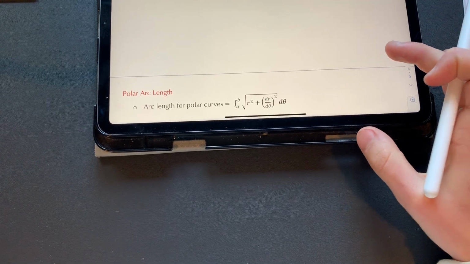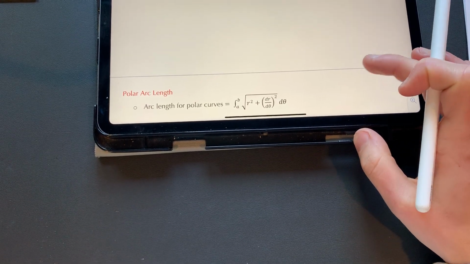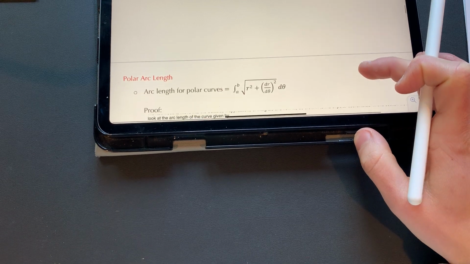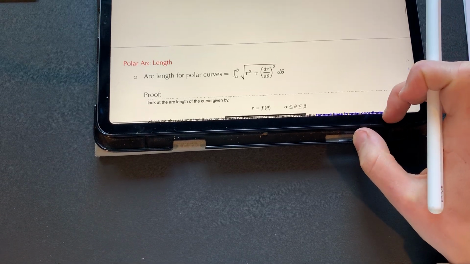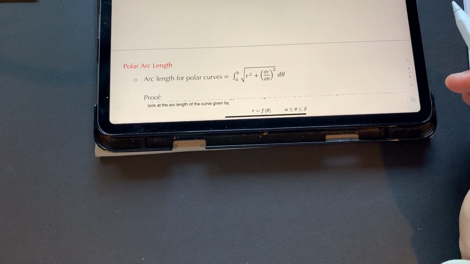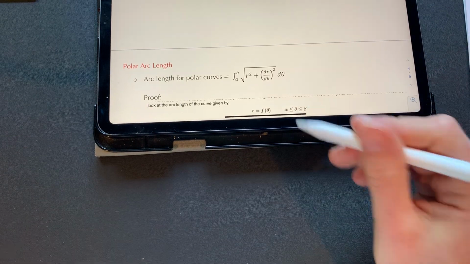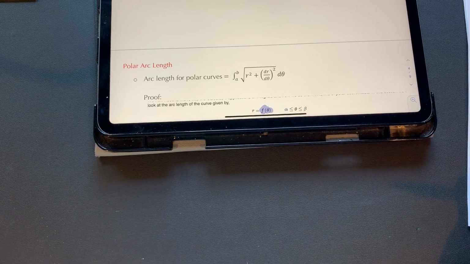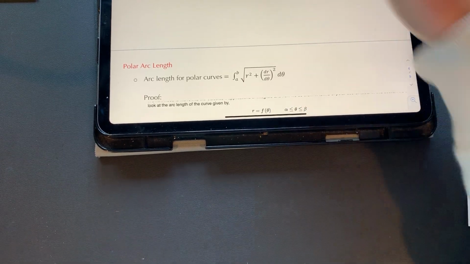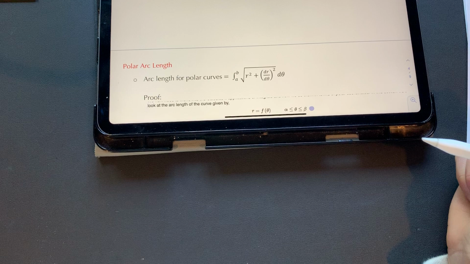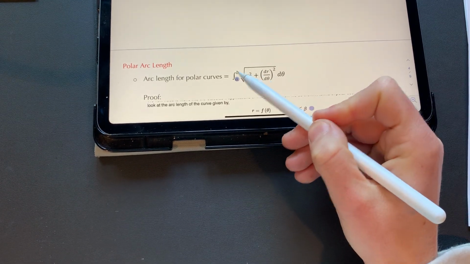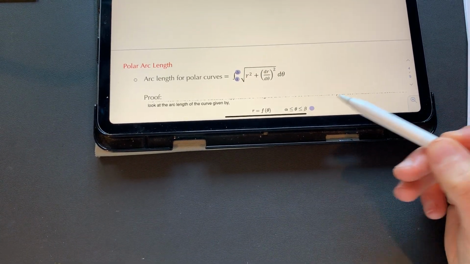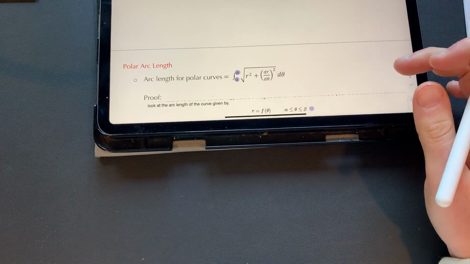First, we're going to do a little proof of where this comes from by, again, looking at the arc length of the curve given as just a function of theta, and we are going to look at our indices alpha and beta as theta values.